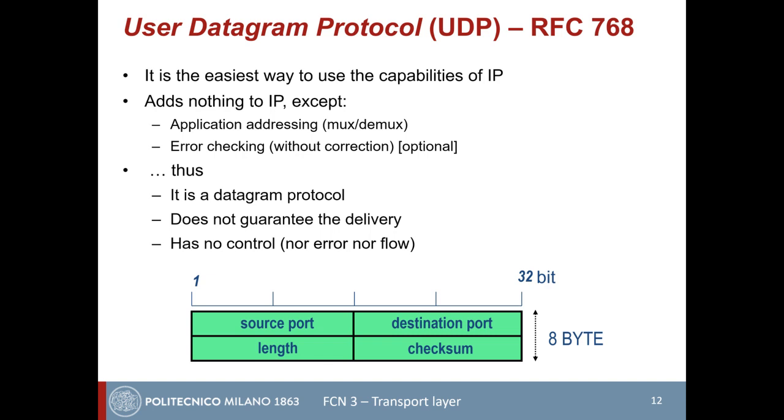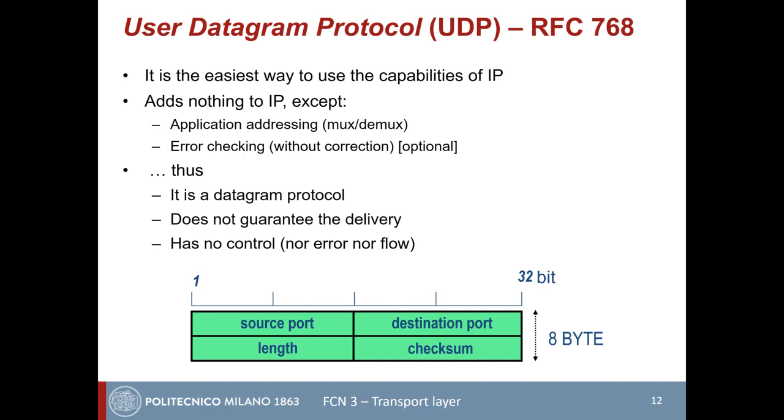One is application addressing with multiplexing and demultiplexing, and the other is error checking, which is a simple check of errors, but there is no mechanism to perform error correction. So it is only checking. Moreover, the error check is optional and can be disabled.